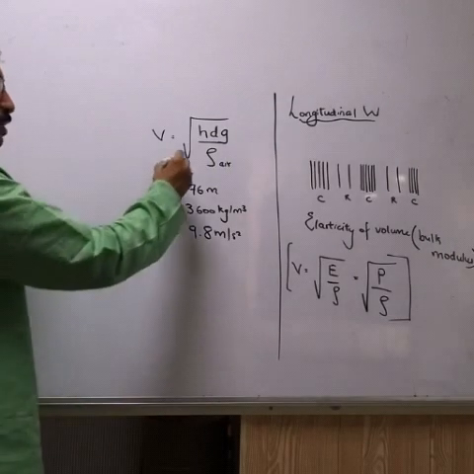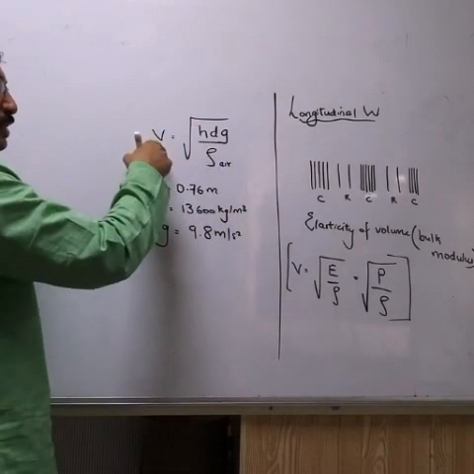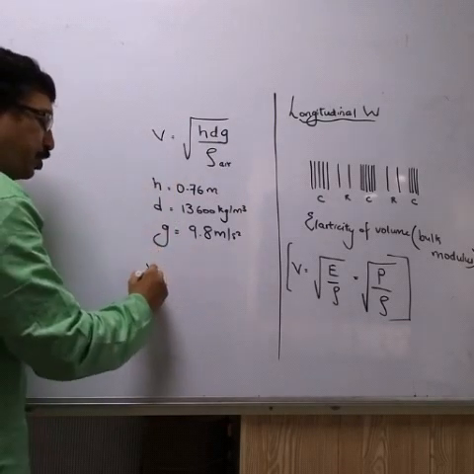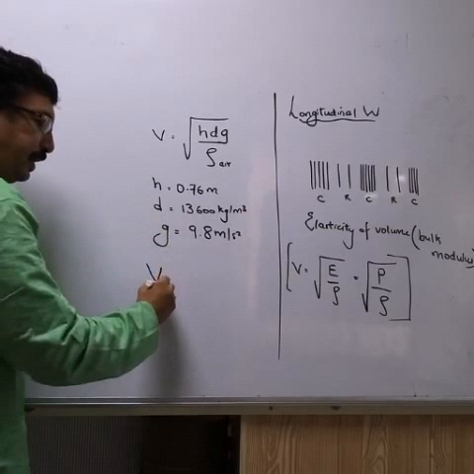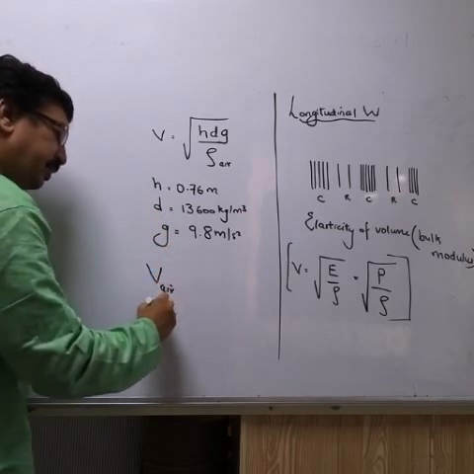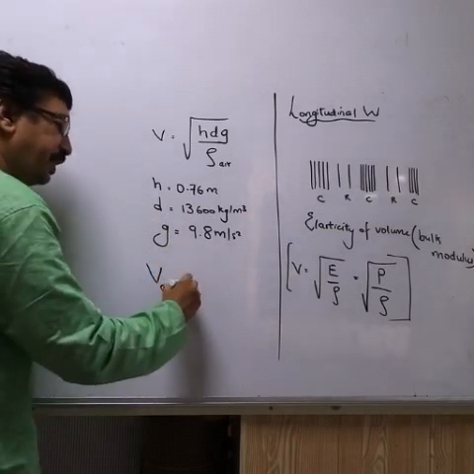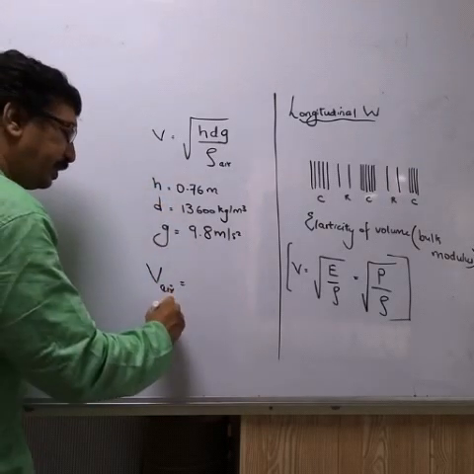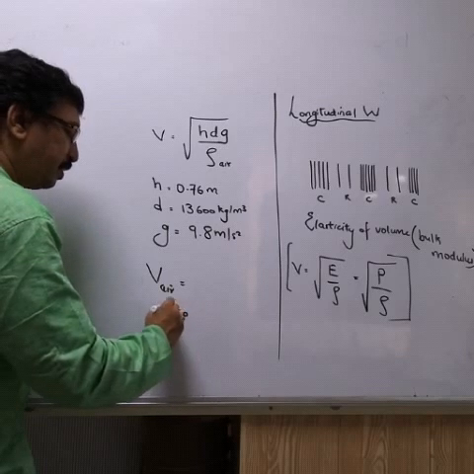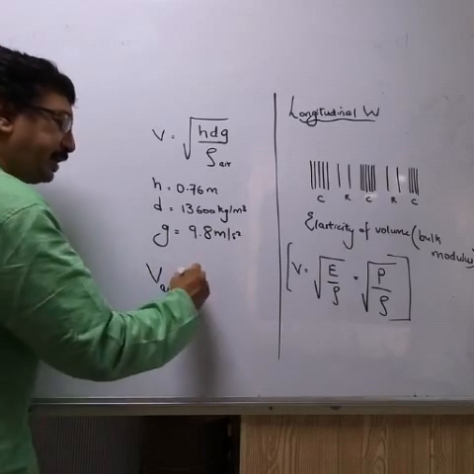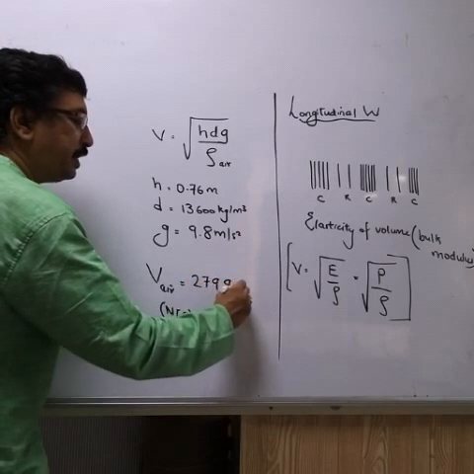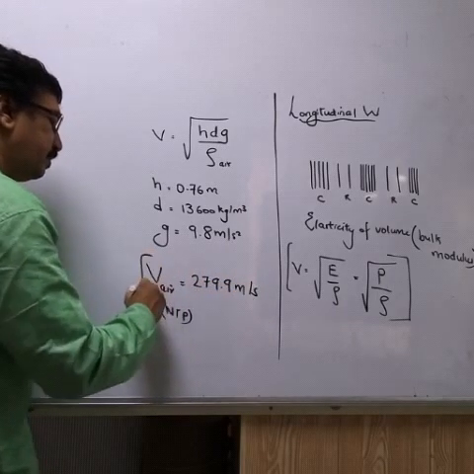When you substitute all these values in the formula, what do we get? The velocity of sound in air at 0 degrees Celsius or at NTP. NTP means normal temperature pressure. At NTP, it comes out to be 279.9 meter per second.